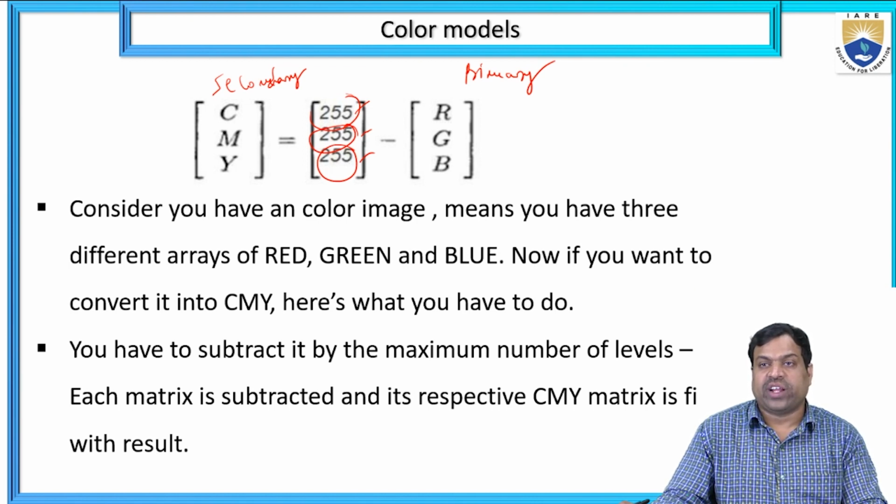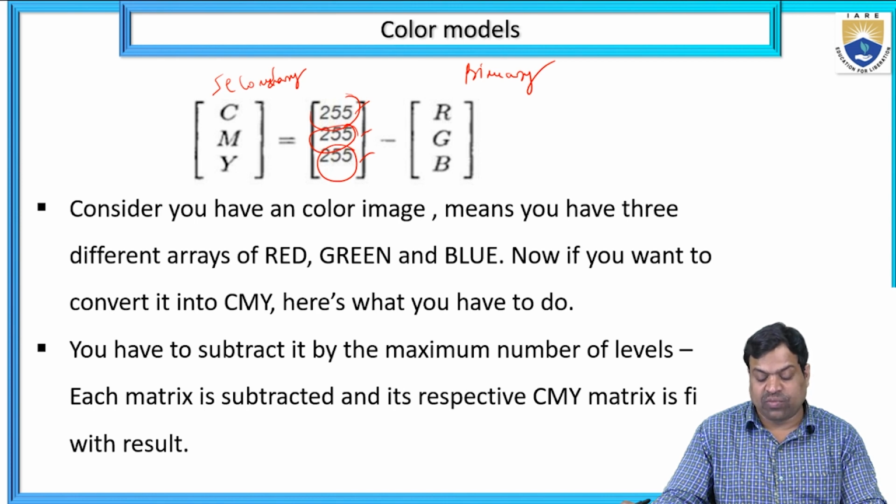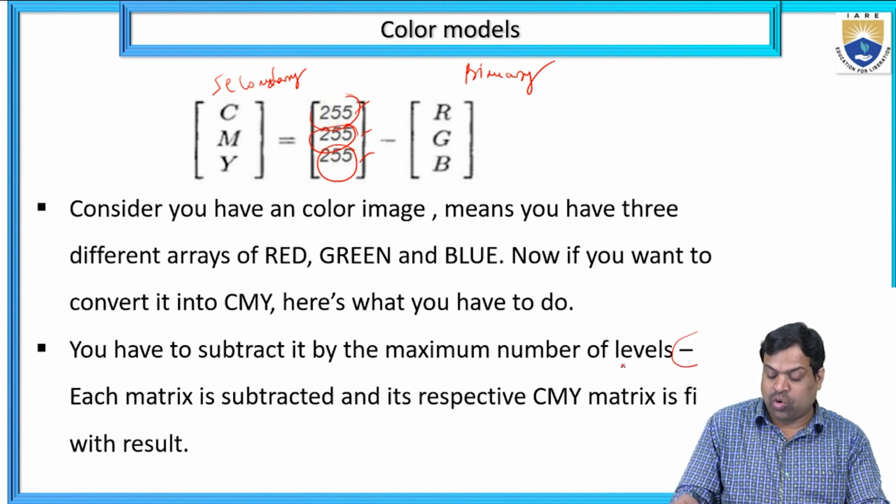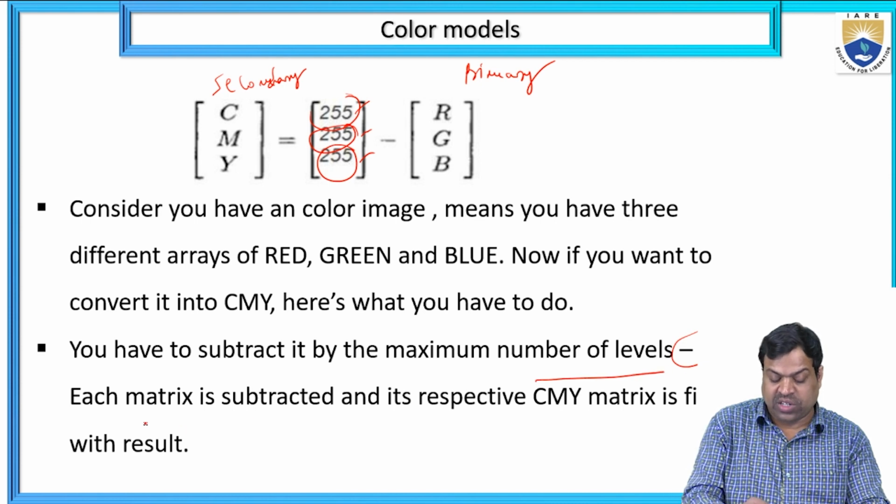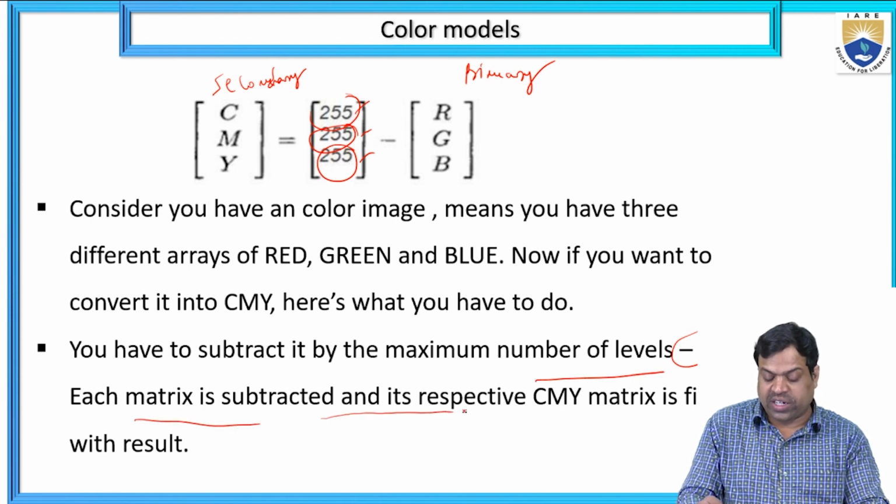Consider we have a color image, which means we have 3 different arrays, that is red, green, blue. But now if you want to convert it into CMY, here's what we have to do. We have to subtract it from the maximum number of levels, that is, minus 1. So how many levels? Minus 1. Each matrix is subtracted and its respective CMY matrix is filled with the result.